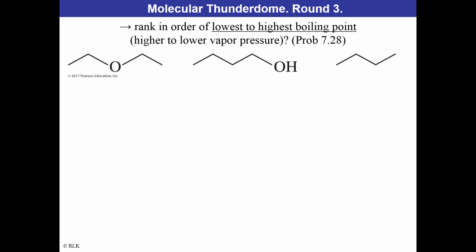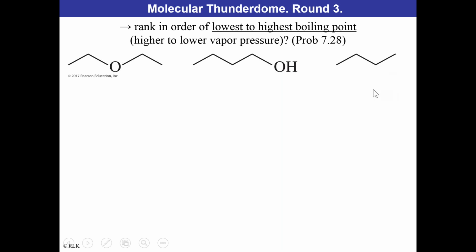All right, so we're starting with 3 different molecules. Now, right off the bat, you can see that we have what looks to be a type of ether on the left. You have an alcohol in the middle, and then you have just the straight chain aliphatic 1, 2, 3, 4 carbon molecule on the right, okay?